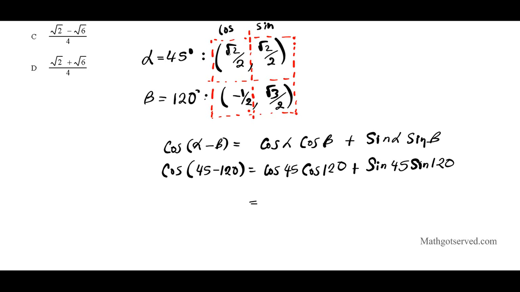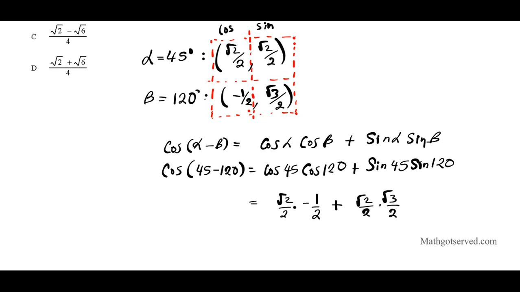Cosine 45 is the x-coordinate of 45 degrees, which is root 2 over 2, times cosine 120, the x-coordinate of 120, which is negative 1/2, plus sine 45 is root 2 over 2, times sine 120, the y-coordinate for 120, which is root 3 over 2.